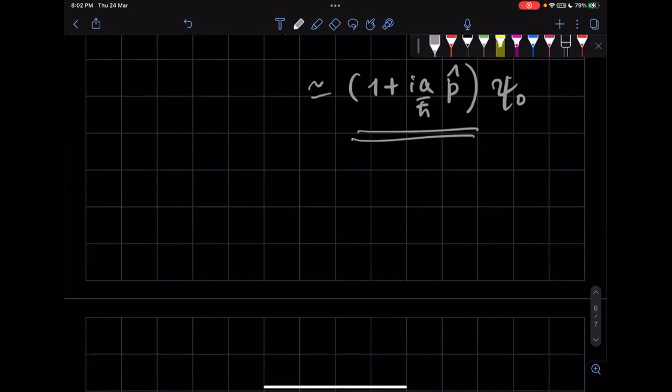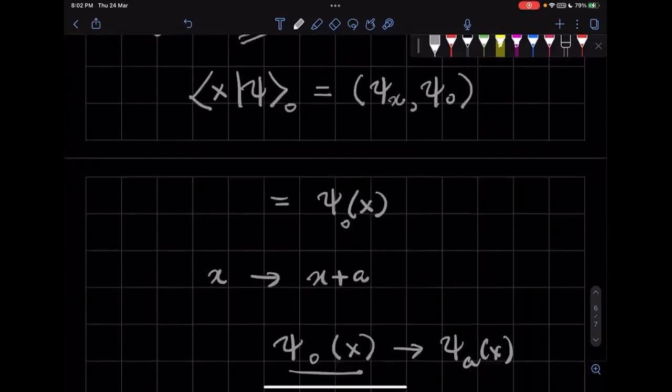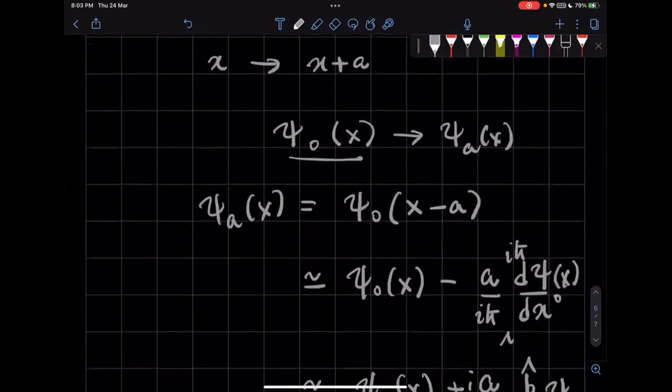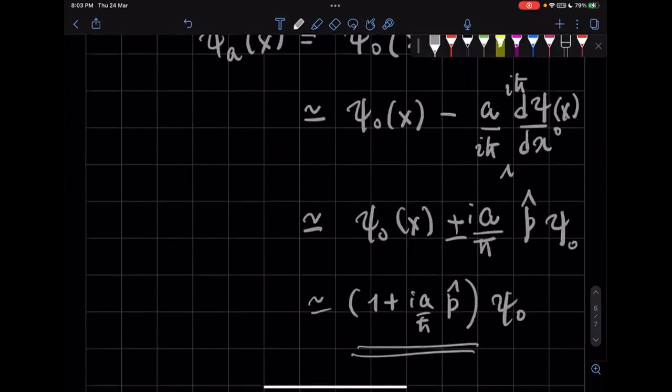Sir, how is the Heisenberg group coming here in the translation? I couldn't quite get it. Yeah, this is basically an element of the Heisenberg group, right? Oh, okay. It's a unitary representation of the Heisenberg group.